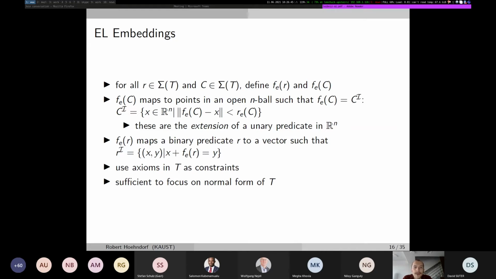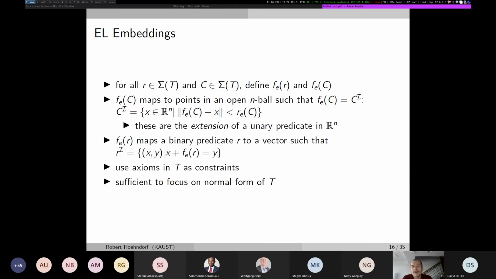And for relations, so binary predicates, we simply use the TransE property, where we have relations as a transformation between two points. In order to find this embedding function, we use the axioms in our theory as constraints.